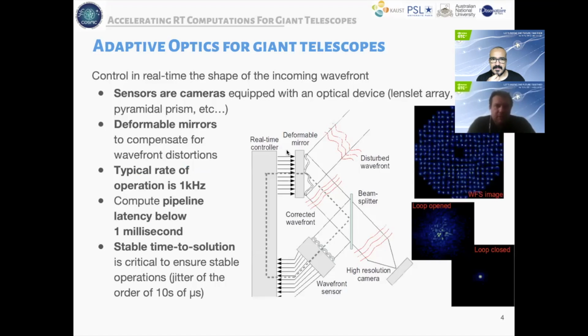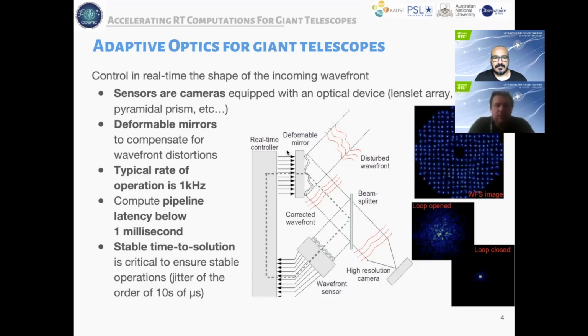So before getting into these real-time computations, let me first give you a few basic concepts about our main application, which is adaptive optics. Adaptive optics is a technique that is used on giant telescopes to compensate in real time for the perturbation arising from atmospheric turbulence on the image quality.